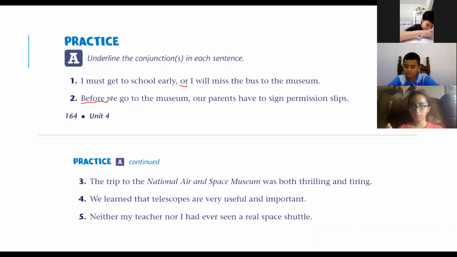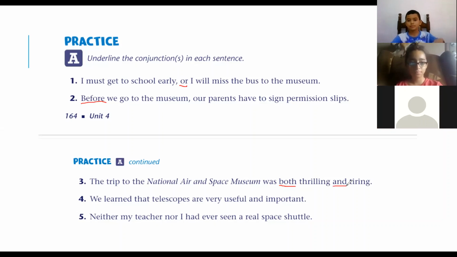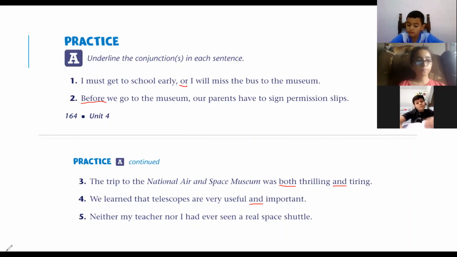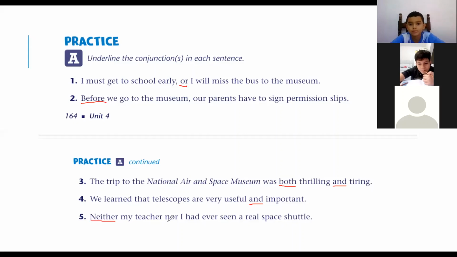Both and. Sorry, it's both, okay, both and here. Yes, both and. For number 4, we learned that telescopes are very useful and important. And for number 5? Neither, nor. Neither and nor.